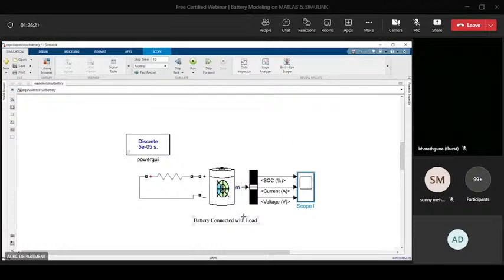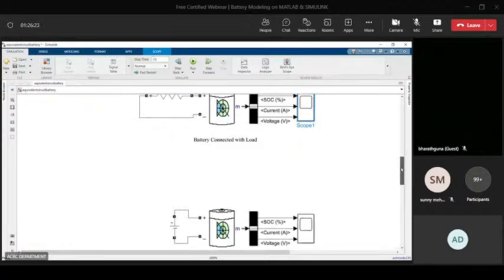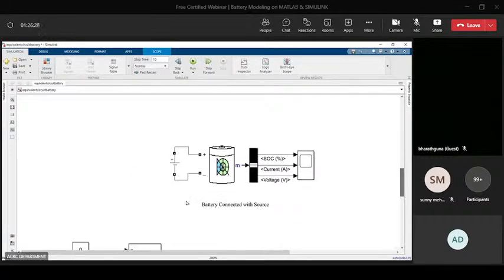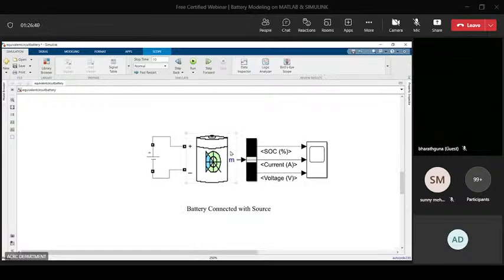So this is the battery connected with the load, and this one is connected with the source. If we connect the battery with the source, what will happen? It will start charging. Earlier when I connected it to the load, the battery was discharging and its SOC was decreasing.